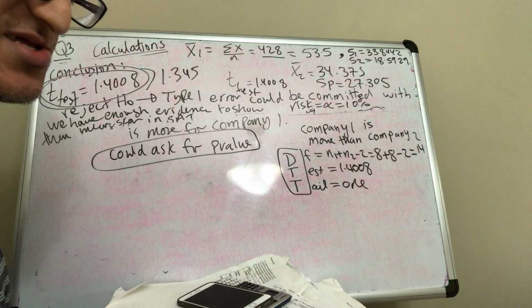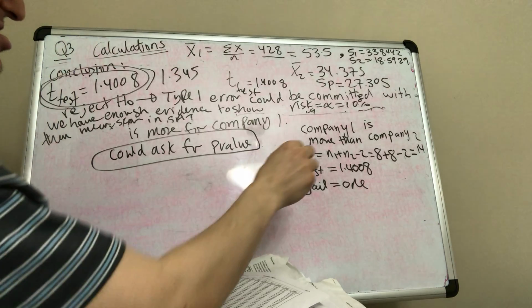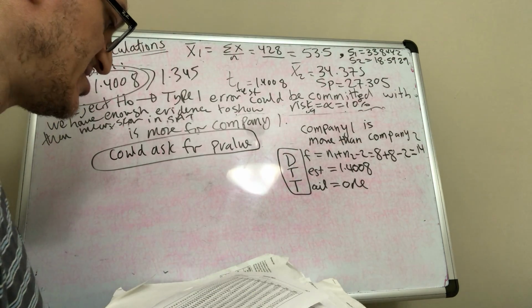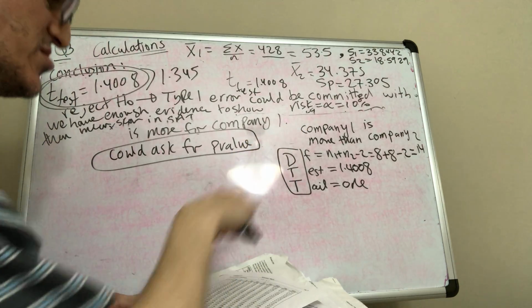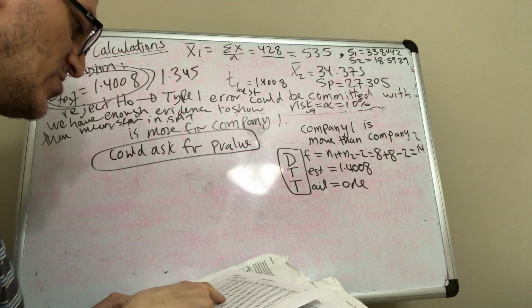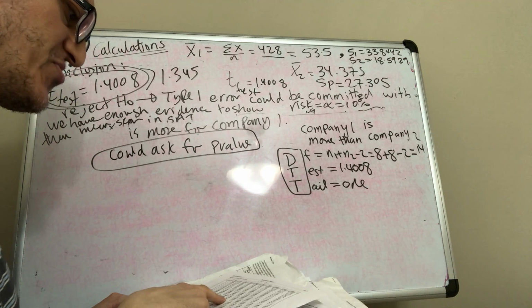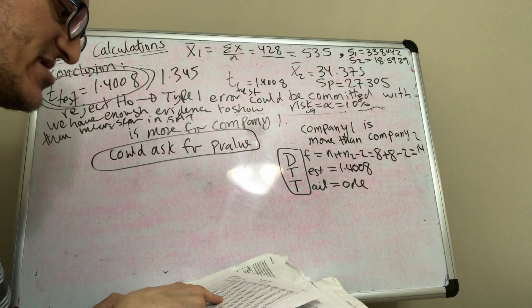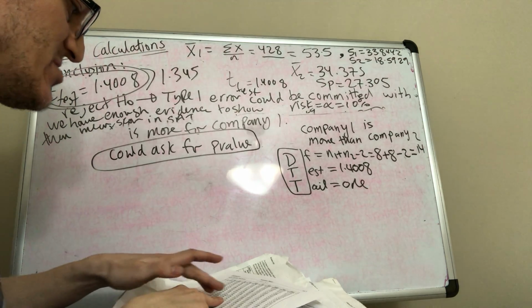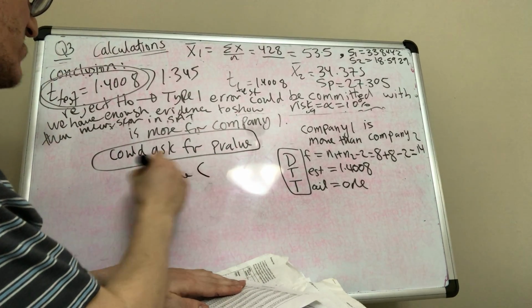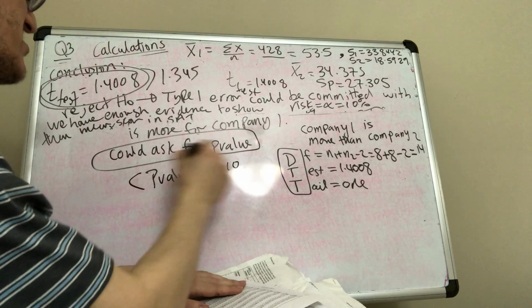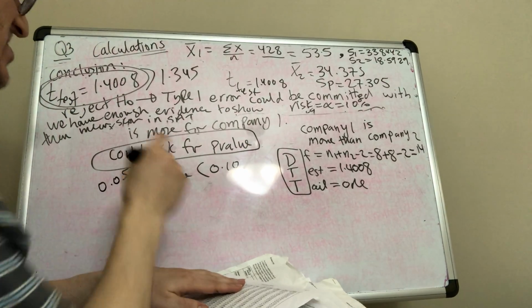You go to your t table, you go to the degrees of freedom 14. Where do you see 1.4? It's between 1.3 and 1.7 according to my table. So it's between these two values. I go up, then my p-value is somewhere between 10% and 5%.